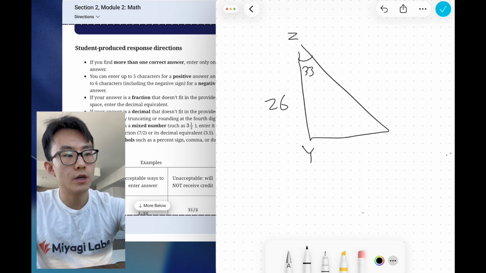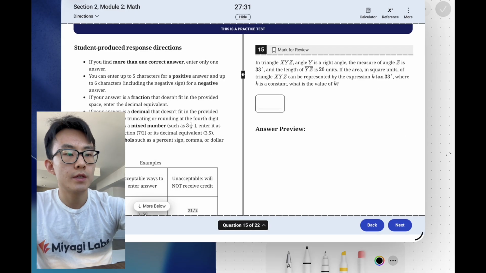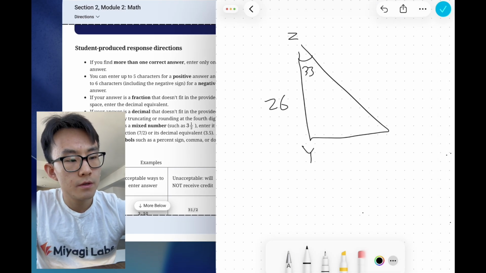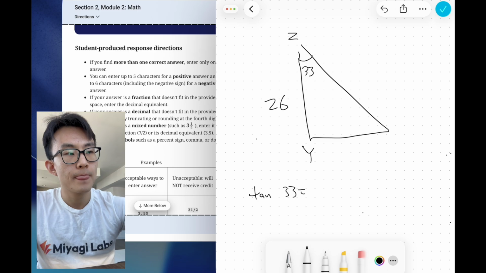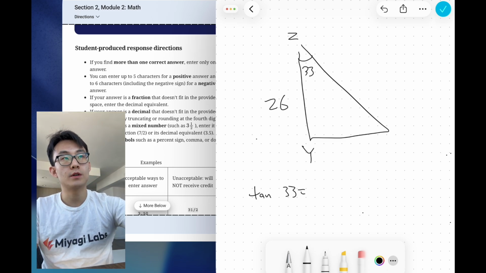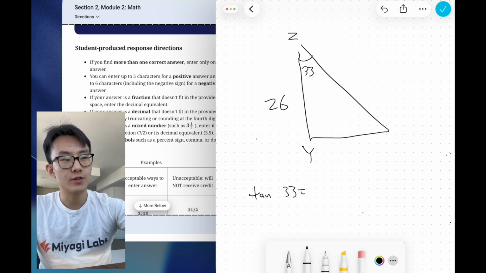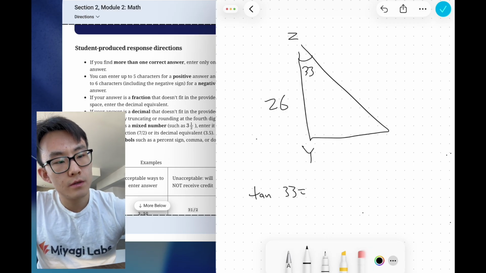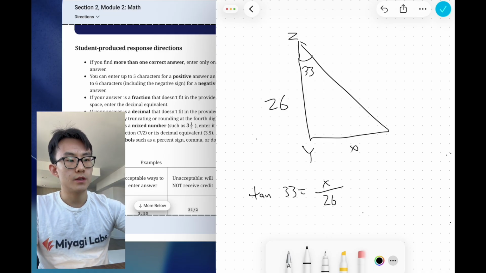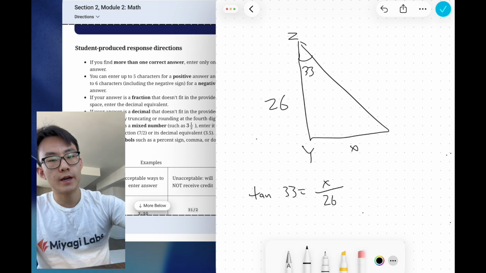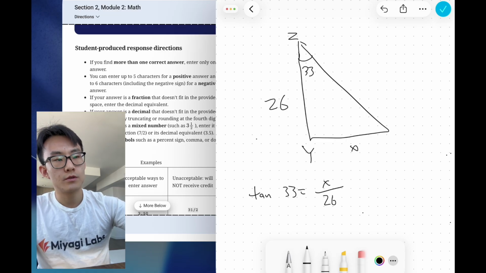So tan 33 equals opposite over adjacent, sorry, so like x over 26.